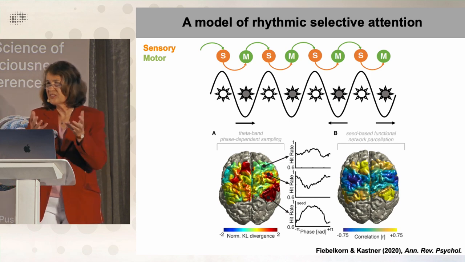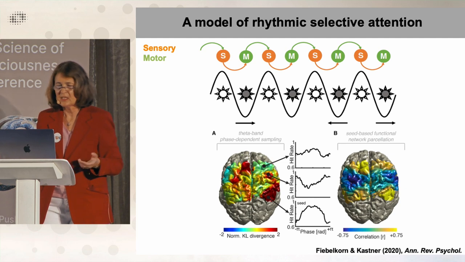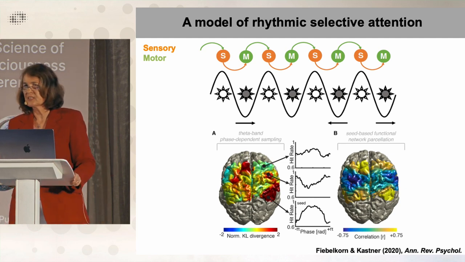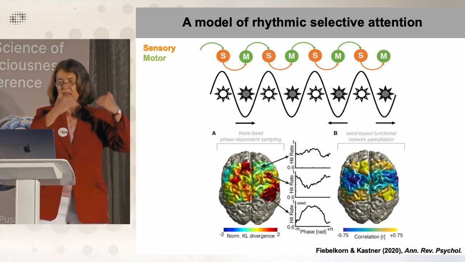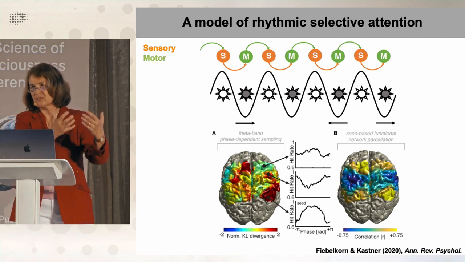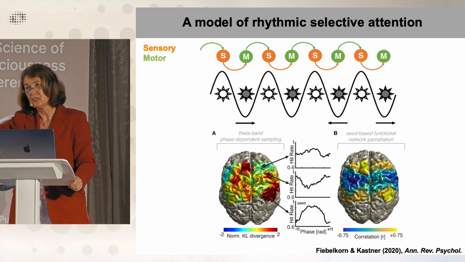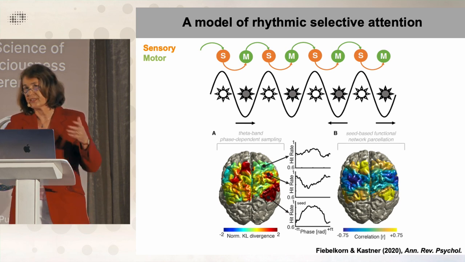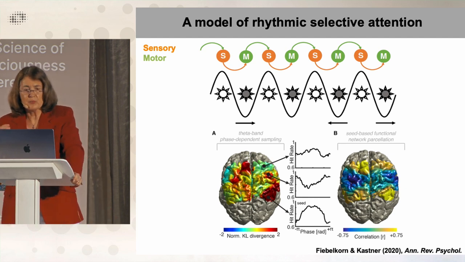So why do these states alternate all the time? What is the benefit of that? We think the benefit is that it gives us the greatest flexibility for this cognitive function. Rather than driving the network into one state and then getting out of that state to get to another state, if you want to shift attention somewhere else, or get up and walk out of the room to go to the bathroom or whatever else you want to do in terms of action, you can do it on the fly.